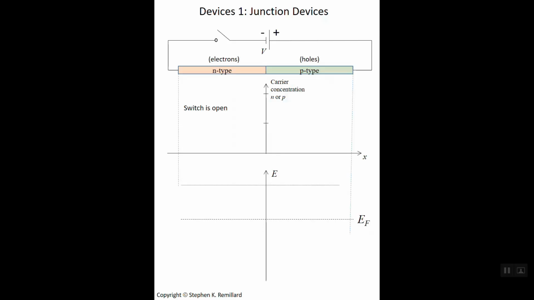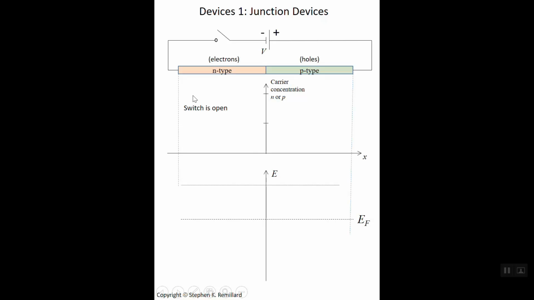No current is able to pass through it. That condition is referred to as thermal equilibrium, when current cannot pass through the junction. The left side is full of electrons and the right side is full of holes, and so we can sketch that accordingly in this first graph, which is carrier concentration versus position along the junction.